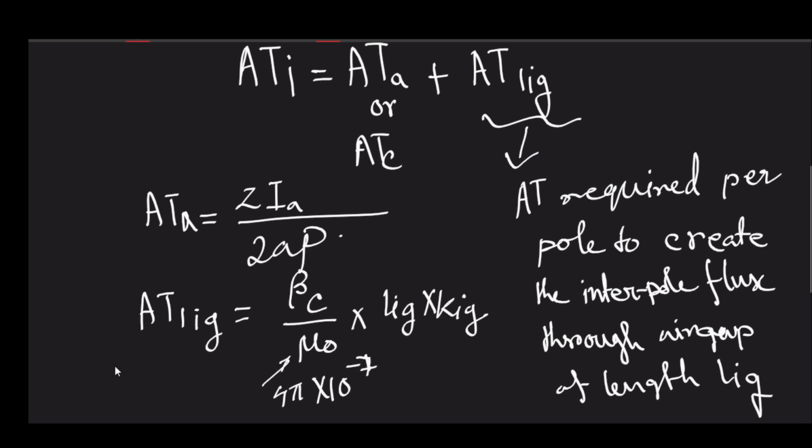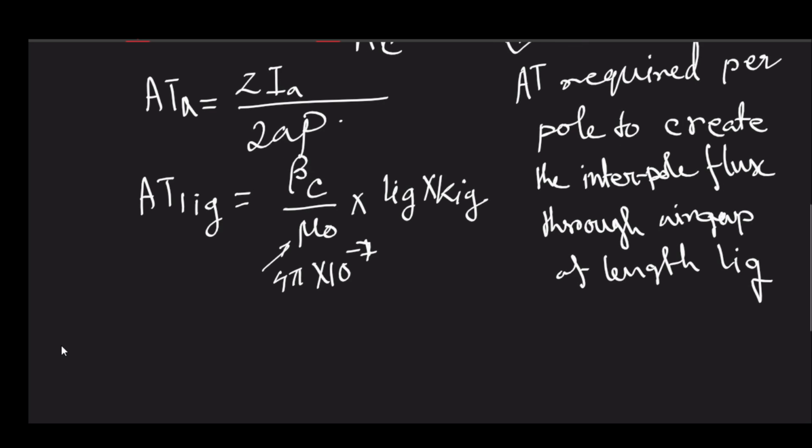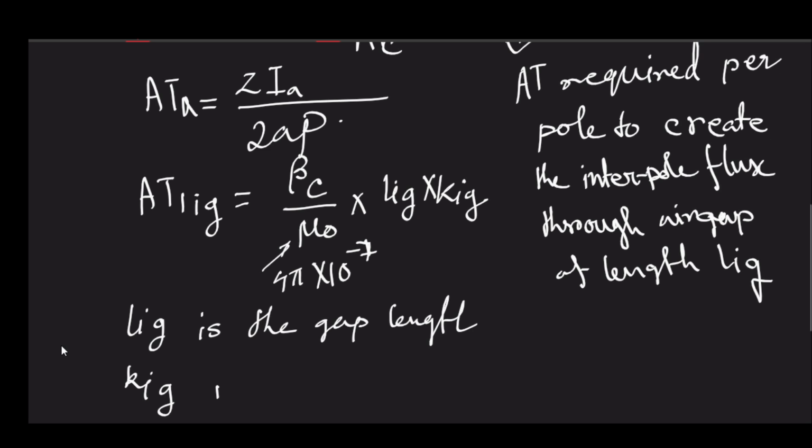What are LIG and KIG? LIG is the gap length and KIG is the gap factor, right?